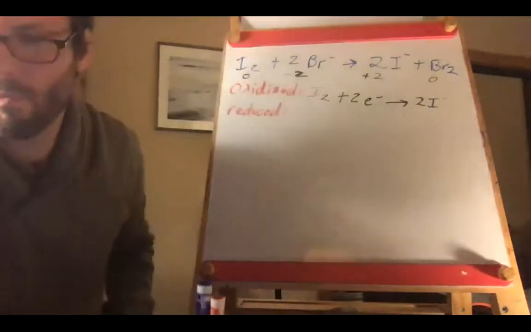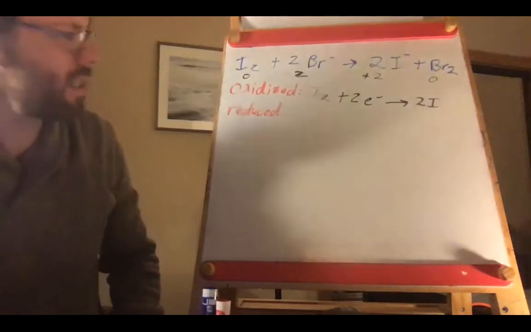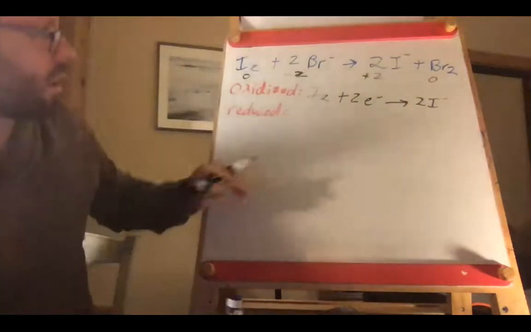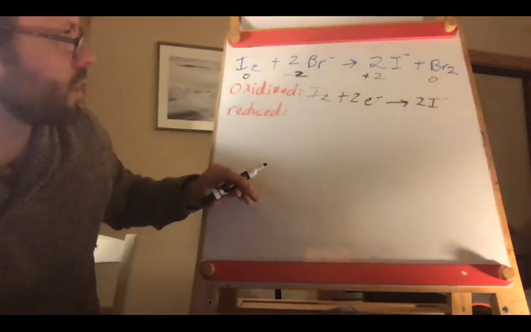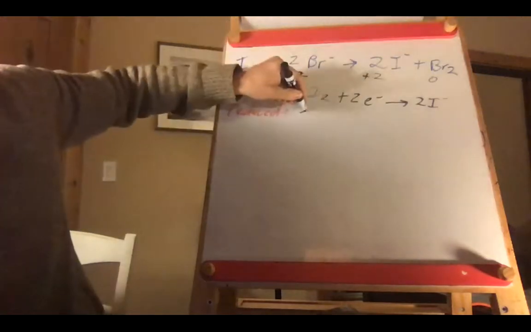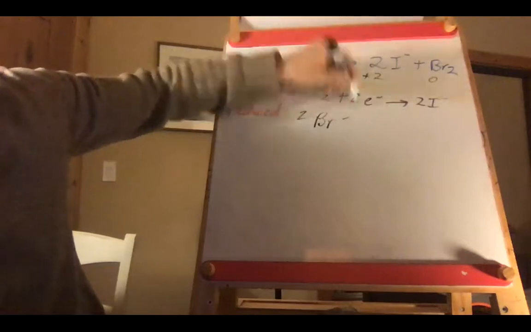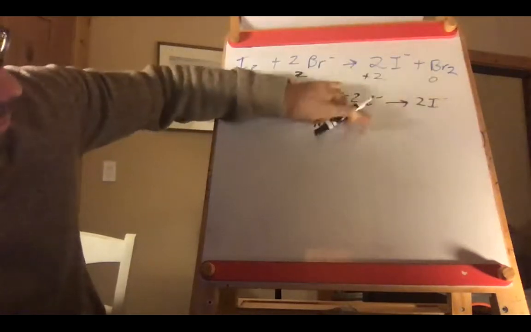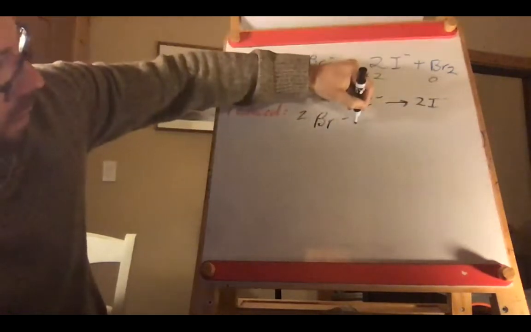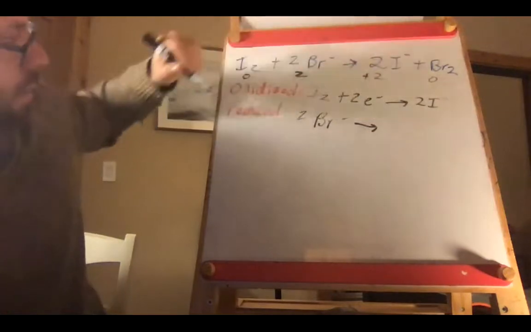Yeah, I guess that's right. Okay, see, even I get confused with this sometimes. This is oxidized, so 2Br minus plus, or no, yield.